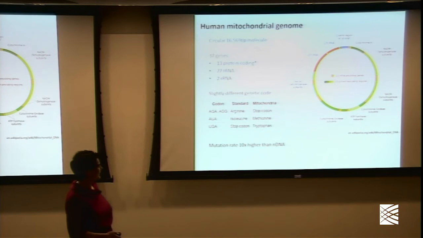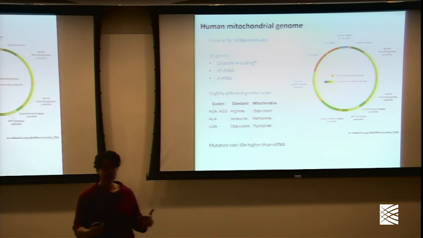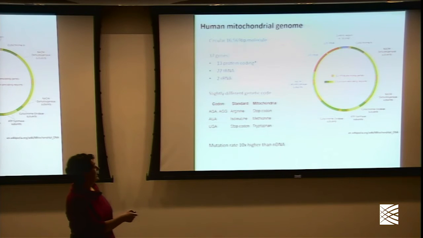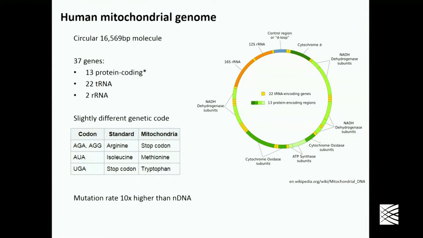So that's one explanation. The higher mutation rate is due to a bunch of different things. There are not as many robust processes for mismatch repair compared to the nucleus. And it is in an environment where there's a lot of ROS, oxidative damage, that can also cause a higher mutation rate.